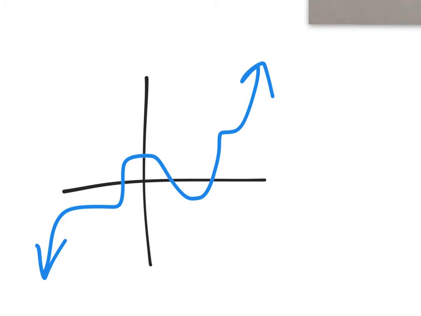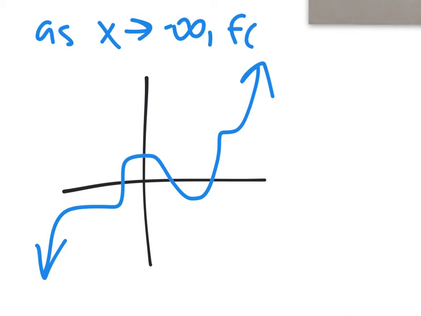Okay, so let's state the end behavior right here. As x approaches, let's look at it to the left first. As x approaches negative infinity, what do we say about f of x? It also approaches negative infinity, because as you look at it to the left, it's going to be going down forever.